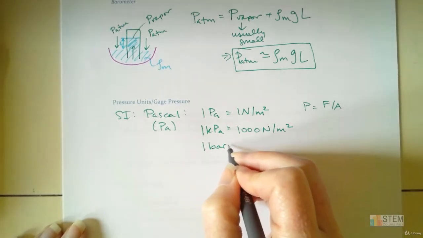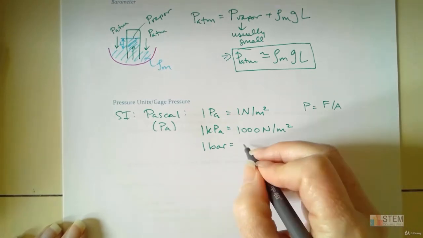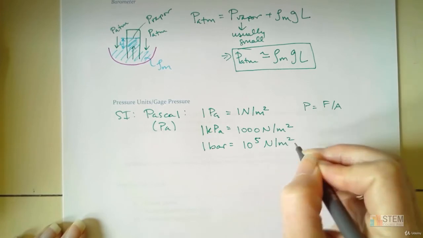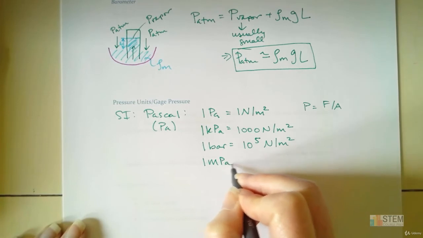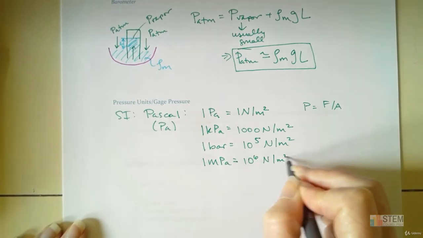Then we've got a unit called a bar. So 1 bar is going to be 10 to the 5th newtons per meter squared. And then finally a megapascal. So 1 megapascal is 10 to the 6th newtons per meter squared.